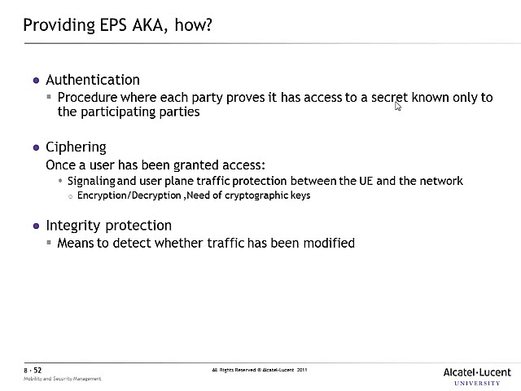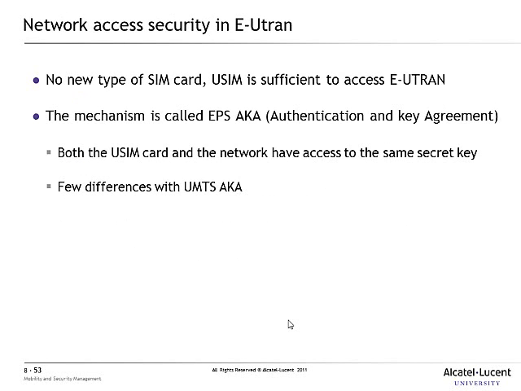What sort of attack does integrity protection overcome? Manipulation, okay? Because the integrity of the message is preserved. So if somebody was to manipulate that message or change it, then the network can detect that this message was changed, okay? So these are the three mechanisms. Yeah. Okay, we move on.